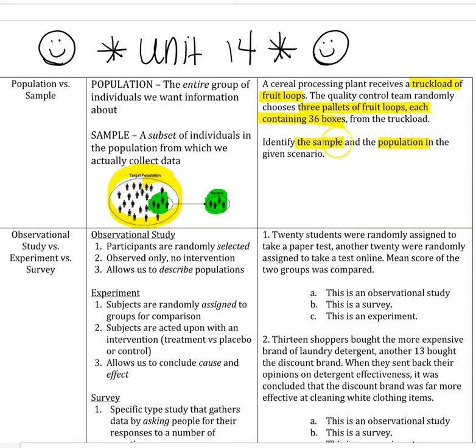So the sample would be your 3 pallets from that truck. And you could say your 3 pallets including 36 boxes. That's just extra info. The population was the truckload of Fruit Loops. All right.